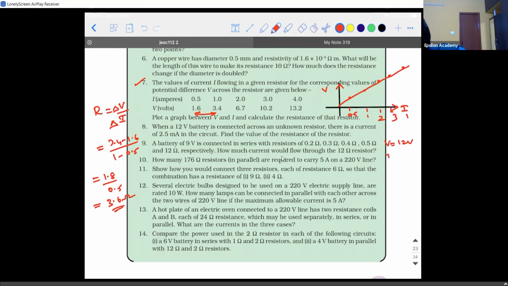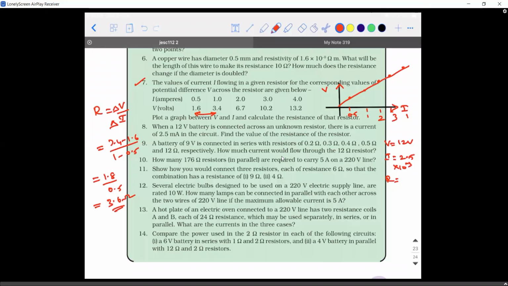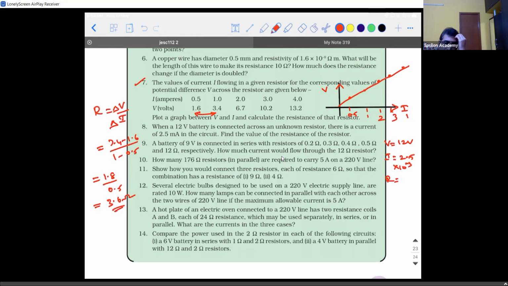Current is 2.5 into 10 power minus 3 ampere. And what is the formula for resistance? R is equal to V by I. 12 divided by 2.5 into 10 power minus 3. So 2.5 can be written as 5 by 2. So calculate and tell me what is the answer.